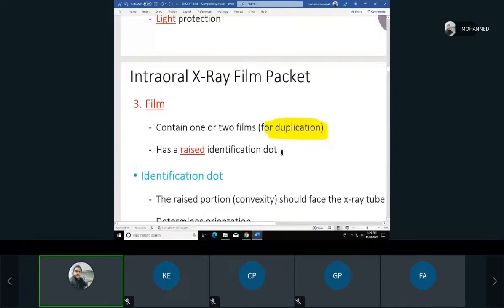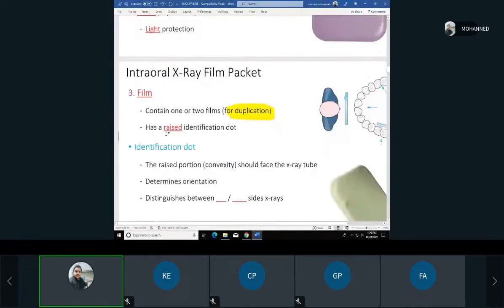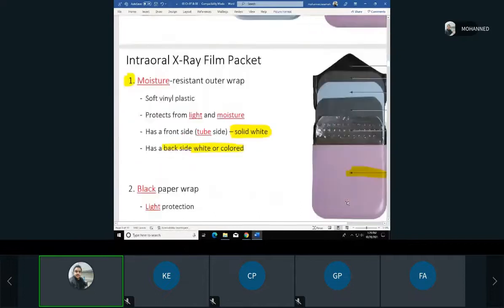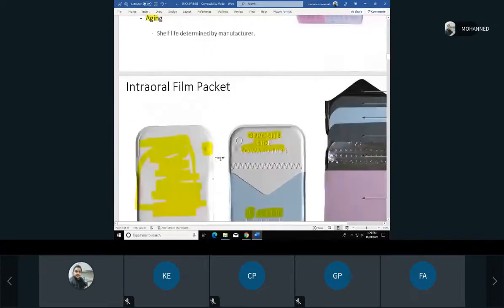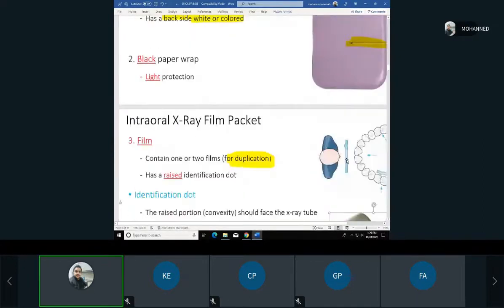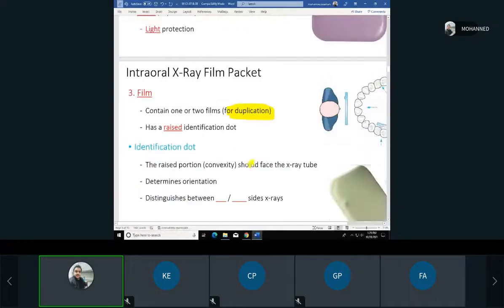So now let's talk about how this identification dot helped us in the past and how we have it now in the digital x-ray. Usually we have a letter on a bottom corner that would help us in the same way. So the raised dot, you see it here, and the same thing here. The dots should face what?